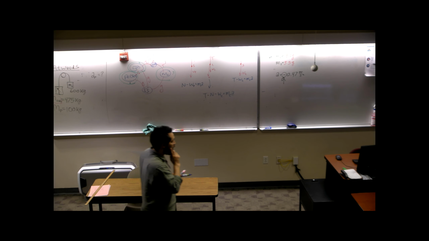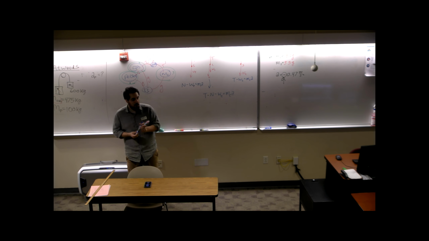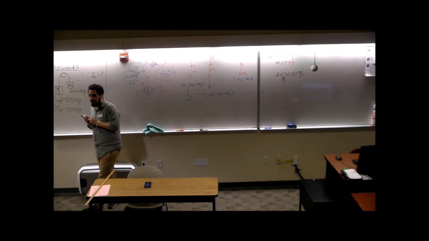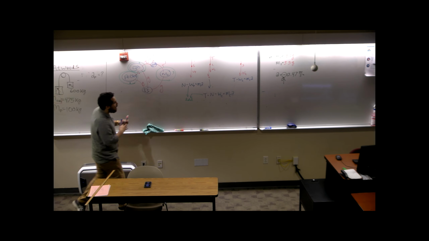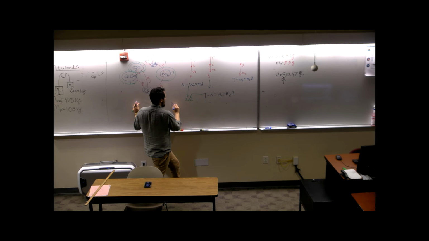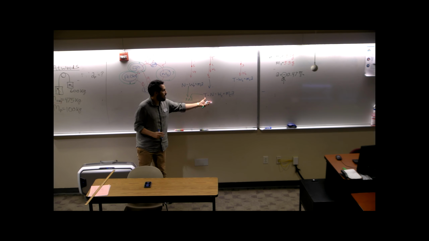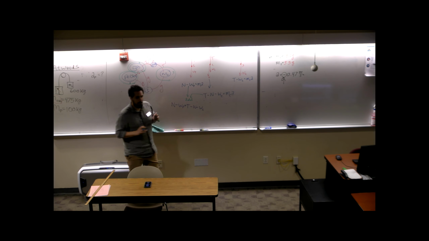Okay. Now I'm going to show you something. When you take these 2 equations and you add them together, that will give us, on the left-hand side, normal minus the weight of the person plus tension minus normal force minus the weight of the cab.